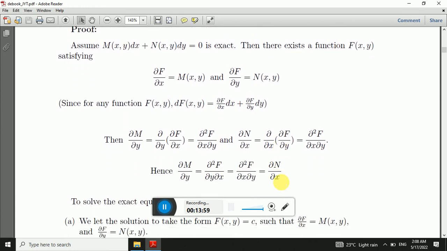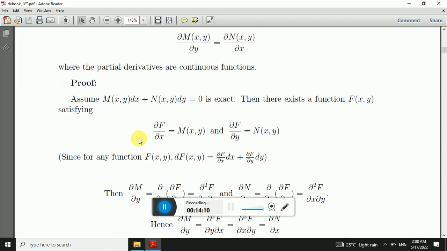Now, what will be the partial derivative of M with respect to y? Remember from the definition, let me take you back. We want to prove that the partial derivative of M with respect to y is the same as the partial derivative of N with respect to x.